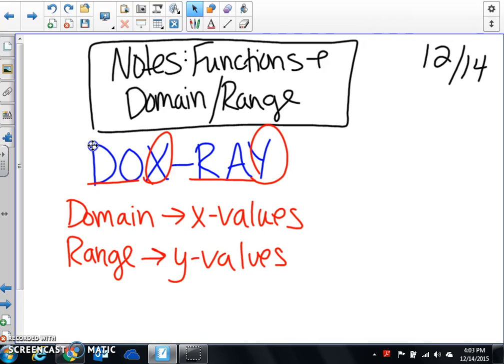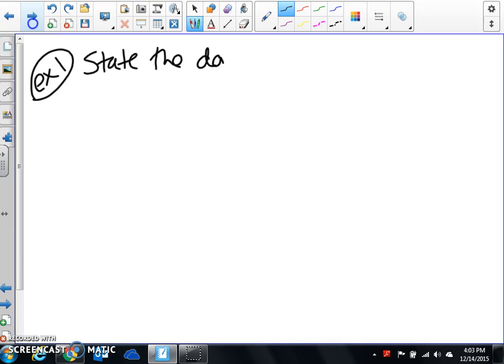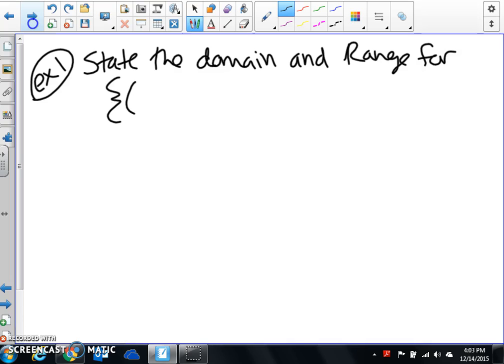Okay, so here's a couple different ways that they could ask you. They could say state the domain and range for, and they could give you a set of numbers.